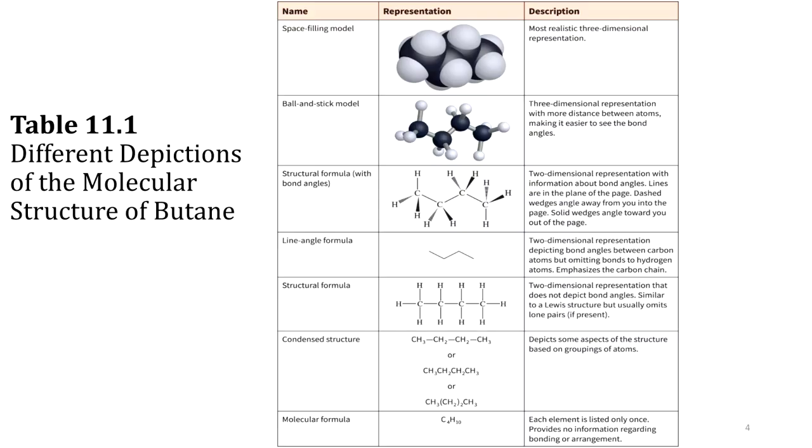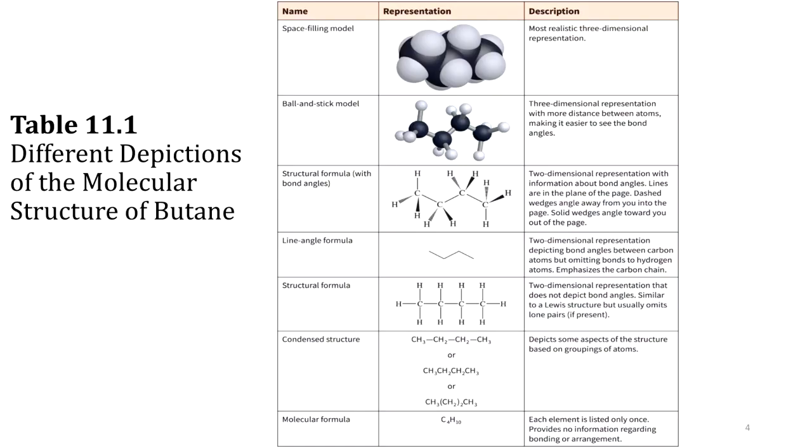We're going to talk about all of them, and I want to start this table at the very bottom. At the very bottom, we have our molecular formula. The molecular formula simply lists the number of each element in the molecule. The molecule we're looking at here is butane. That means it has 4 carbons. It's a saturated hydrocarbon, and so the molecular formula will be C4H10.